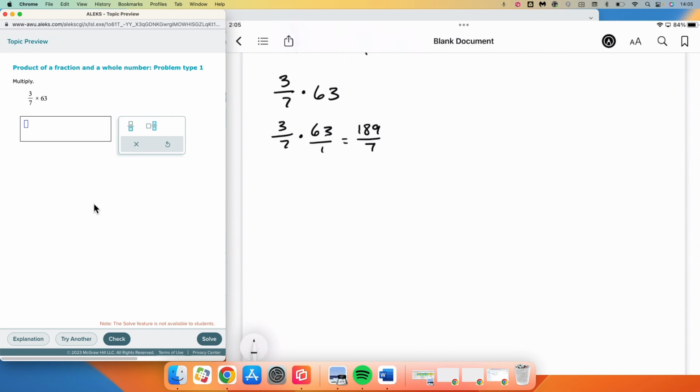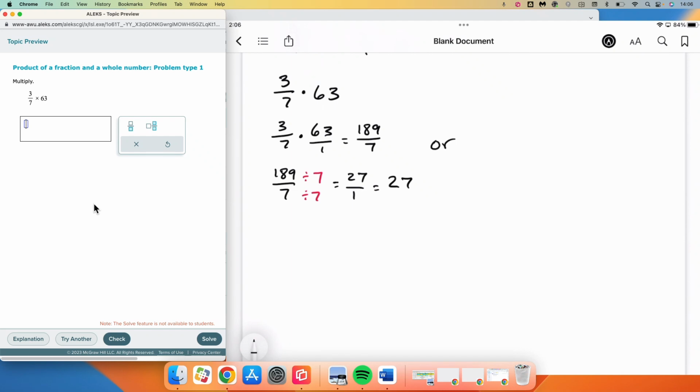Now, 189 divided by 7, let me think for a moment, is going to be 27. And so 189 over 7, those are both divisible by 7, and we will end up with 27 over 1, which is equivalent to 27.